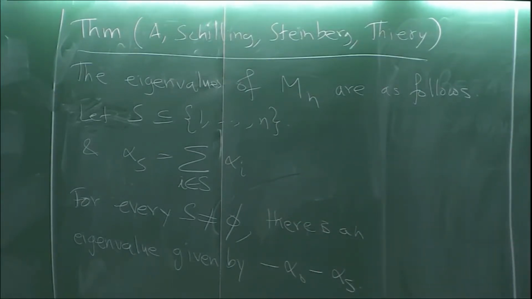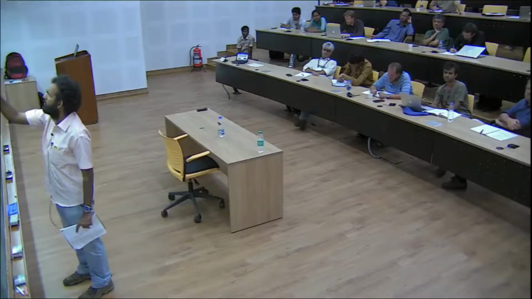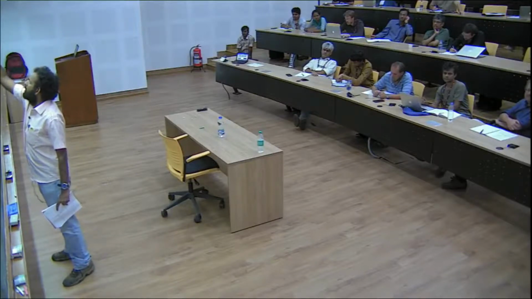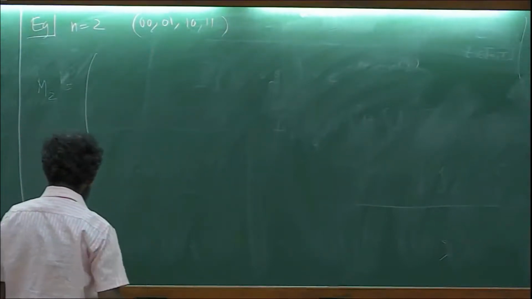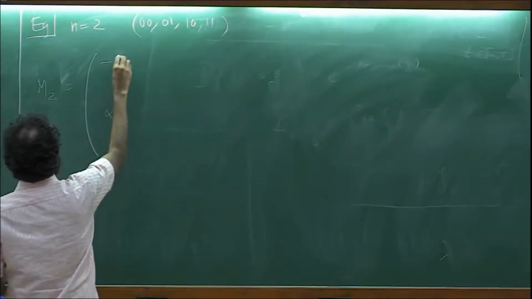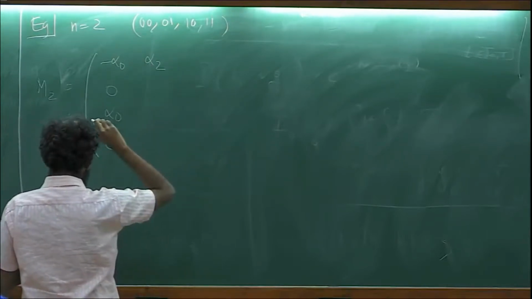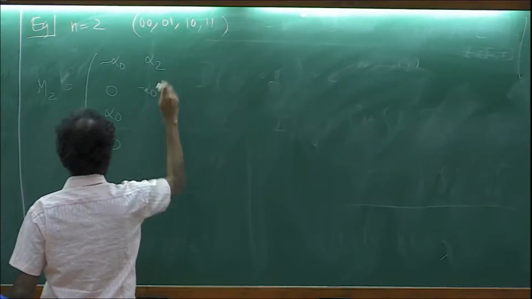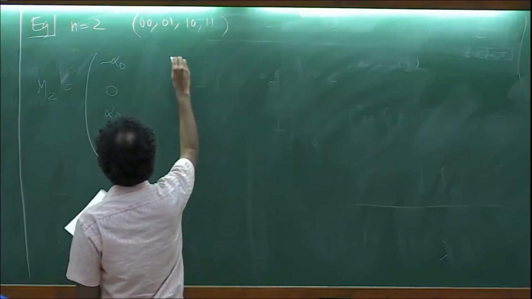Okay, so let me give you an example. Let's take n equals 2. So M2, and I'll order my bases in lex order. For later purposes, I'll leave some space.